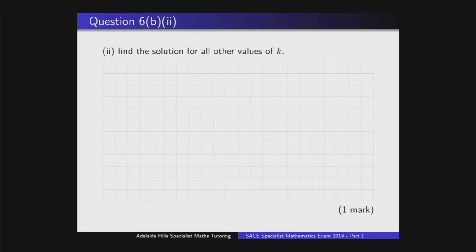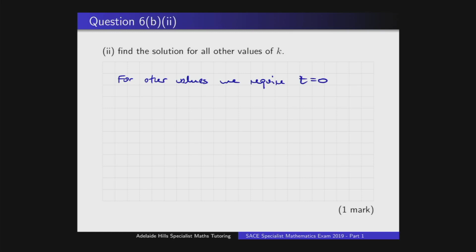Okay, and we're asked then in part 2 of part B to find the solution for all other values of k. Okay, so if k doesn't equal 2, to come up with the solution, what we need is for t equals 0. So for other values, we require t equals 0.